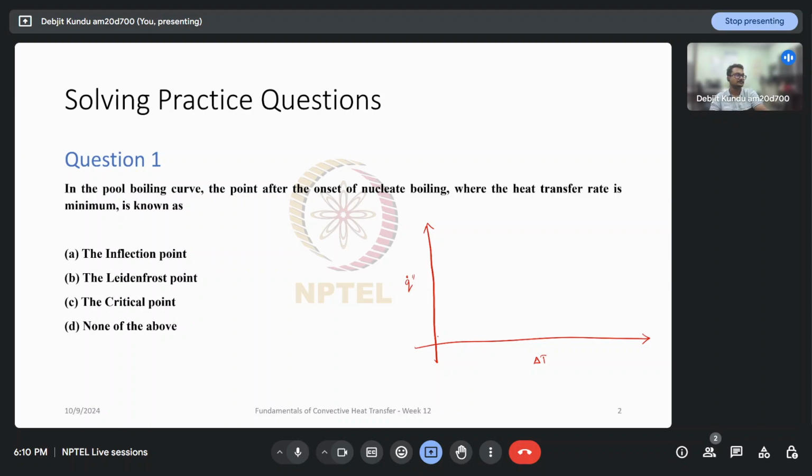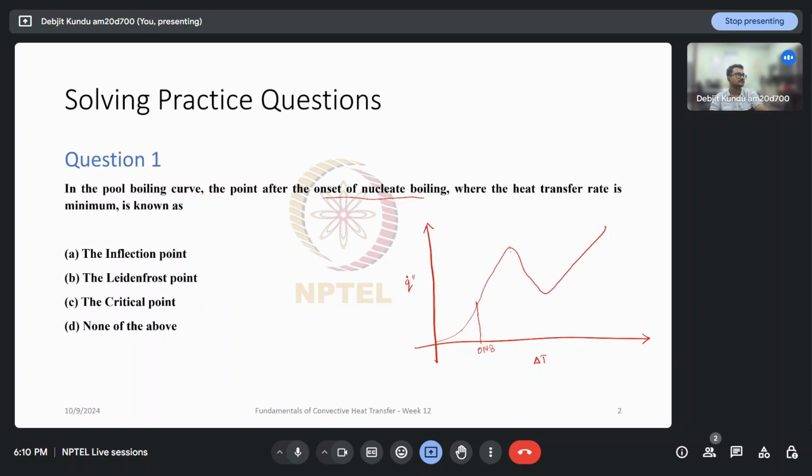Initially it started off small, then we had a start of nucleate boiling where it went up, it reached a maxima, then came down, reached a minima, and then started increasing again. Some point around here is the onset of nucleate boiling, also written as ONB. Actually, it comes a bit earlier, but okay.